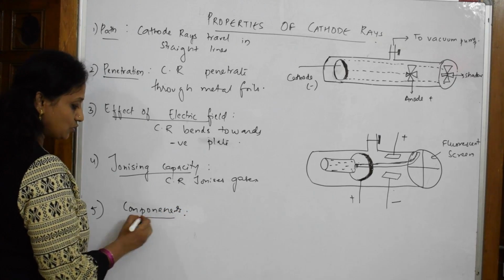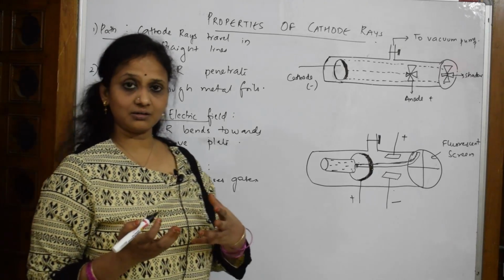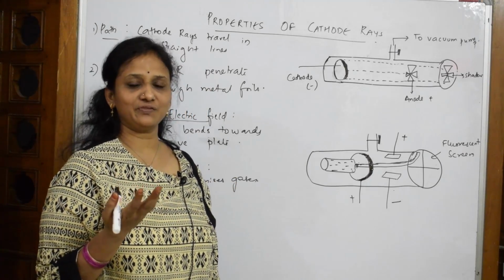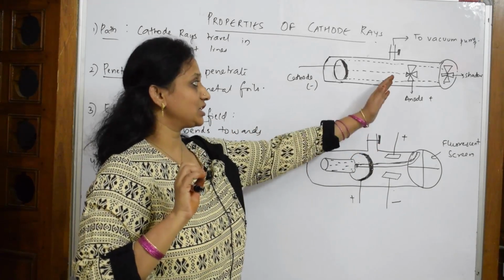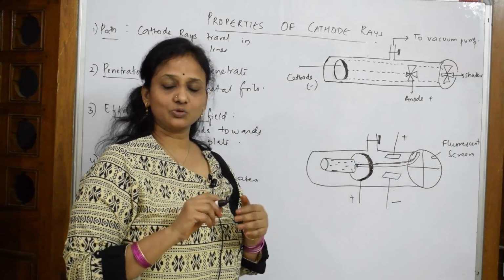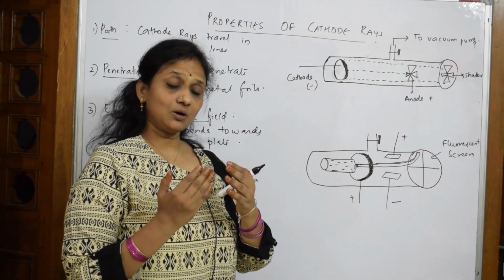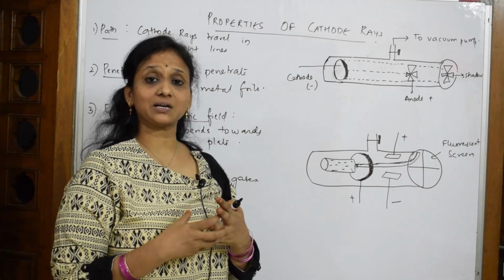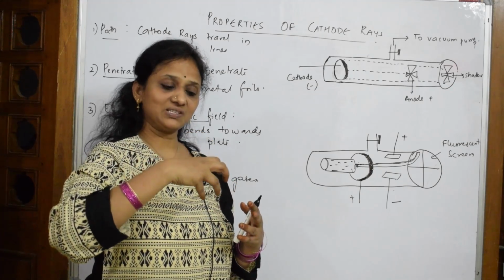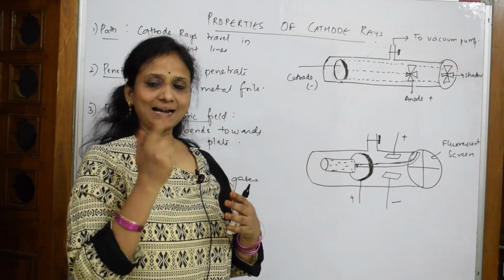Components means, when we see that the cathode ray has particles, it has moved, it has shown a shadow, or it has moved towards a positive electrode. But to have clarity on whether the cathode ray really has particles or not, suppose you place a paddle in between.